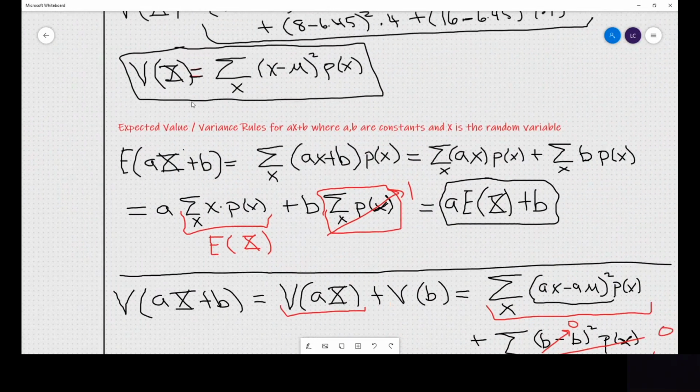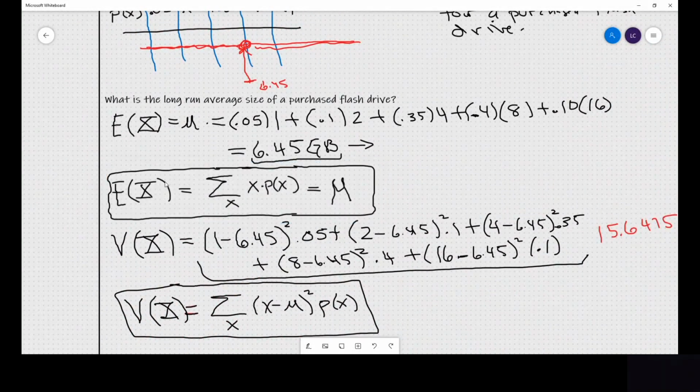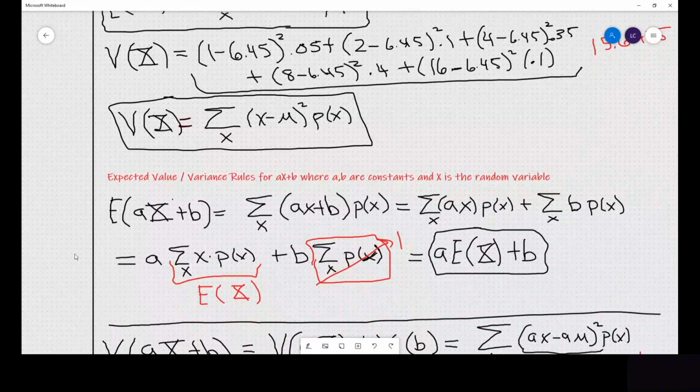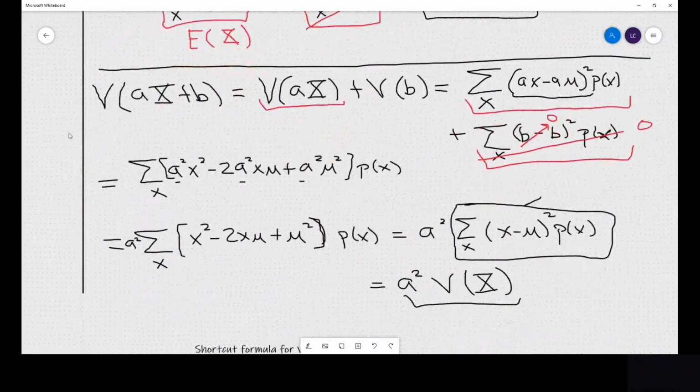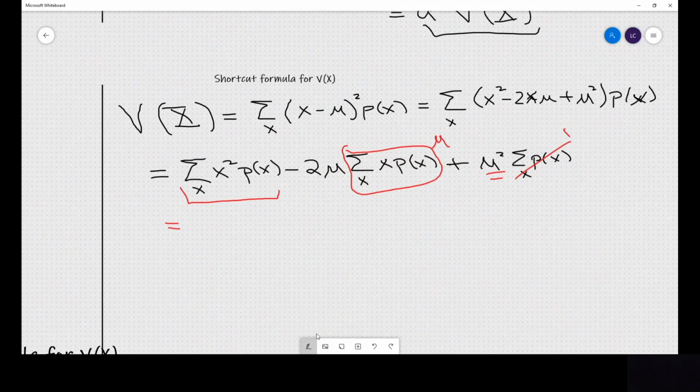So if we define the expected value of x as the sum of x times p of x, then the expected value of x squared is the sum over x of x squared times p of x. So we're using that definition of expected value and going in reverse here.